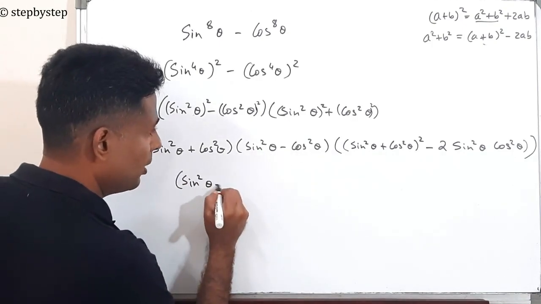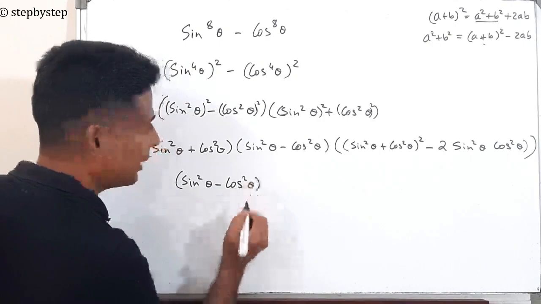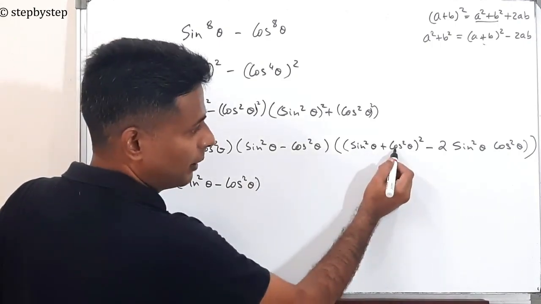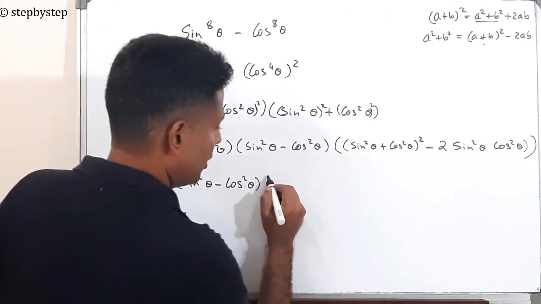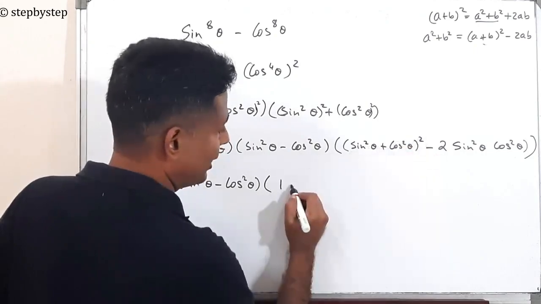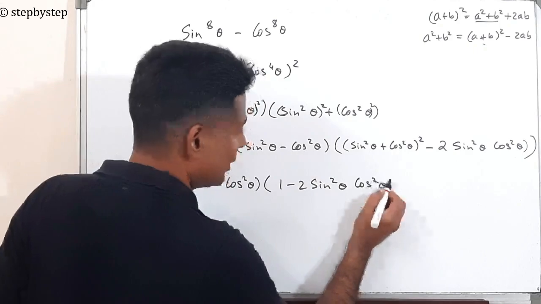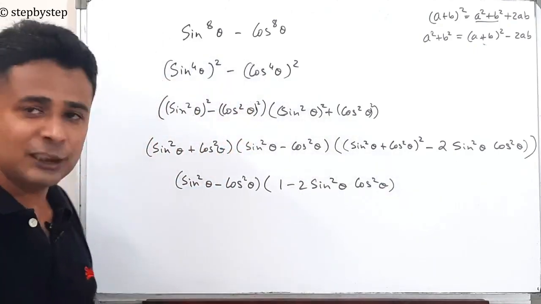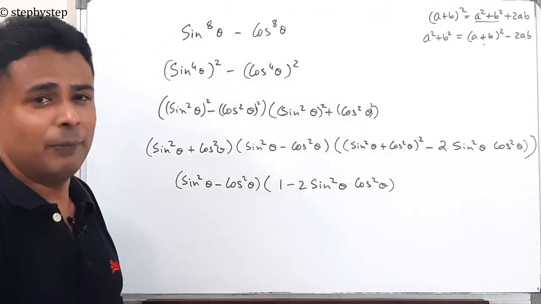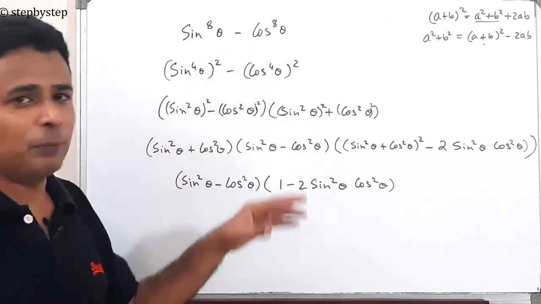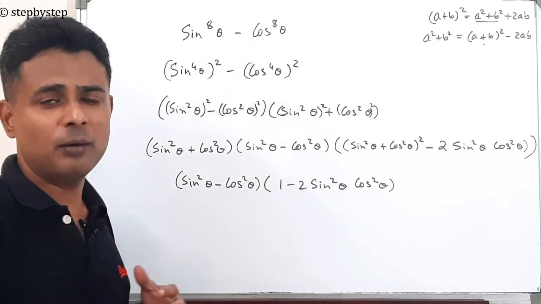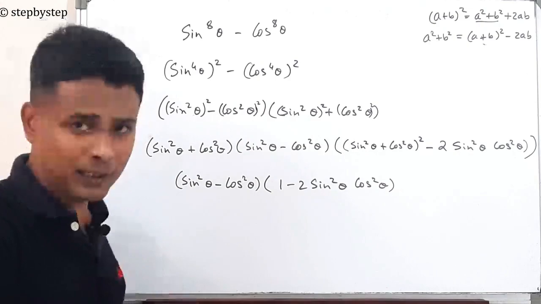Sine square theta minus cos square theta. Again here sine square theta plus cos square theta is 1. 1 whole square is 1 minus 2 sine square theta cos square theta. So hence proved.